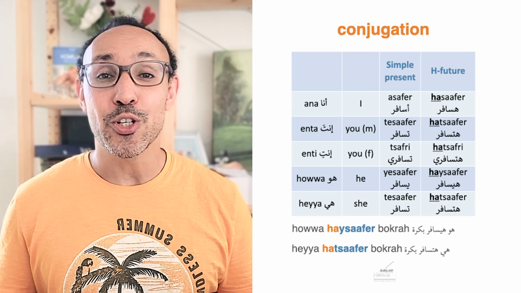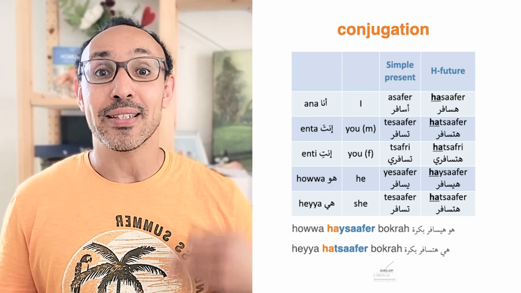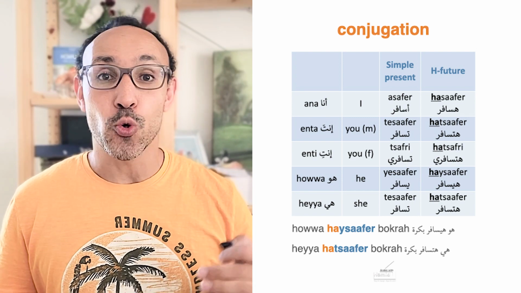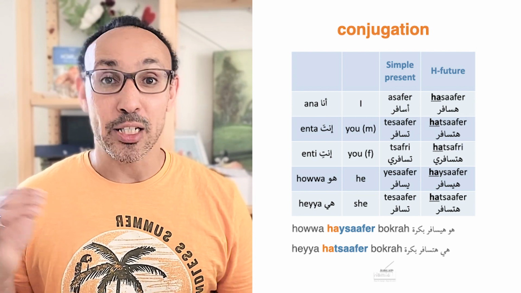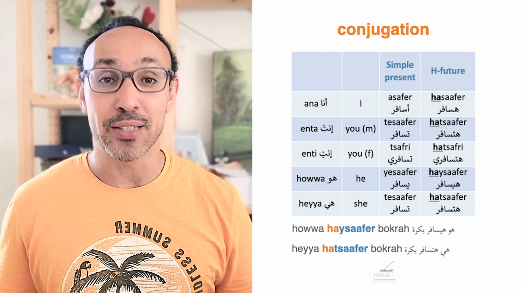See, the conjugation is very easy. So keep watching it and repeat each conjugation with me, and in 2 or 3 times you will be mastering it. It's very easy and simple. So let's move to an example. Instead of saying يسافر, to travel, I will say يكتب, to write.